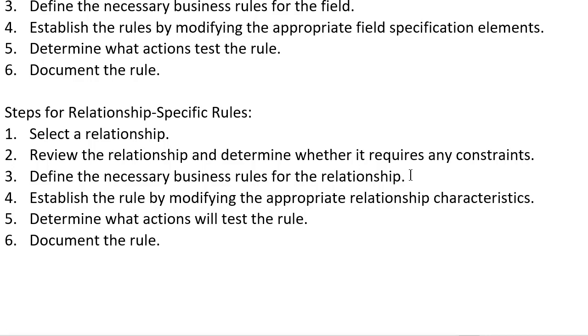Many-to-many, you're going to have an intermediate table so you can connect up two one-to-many relationships. And that's just a side note there. Then after you've defined that rule for that relationship, you're going to establish a rule by modifying those relationships between the two tables. Then think about what's going to test the action between the rule, and then again document.